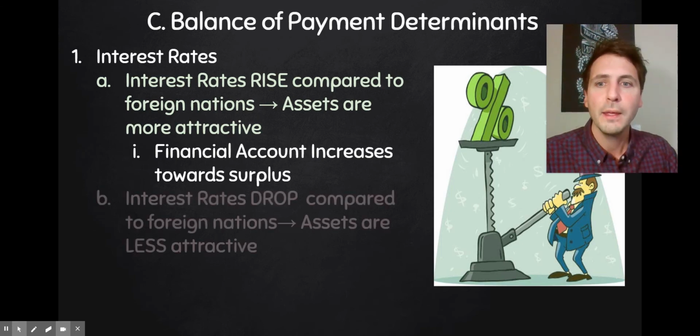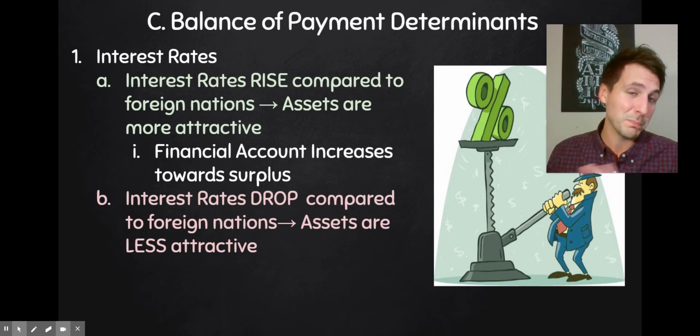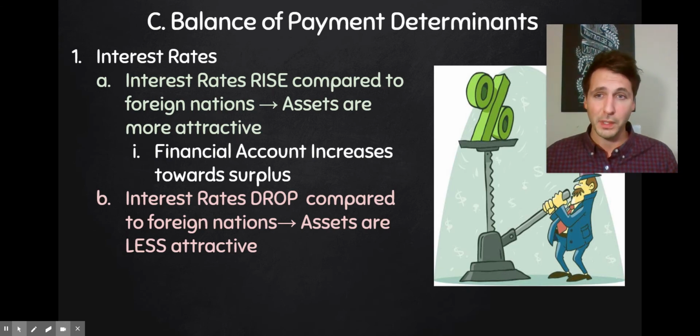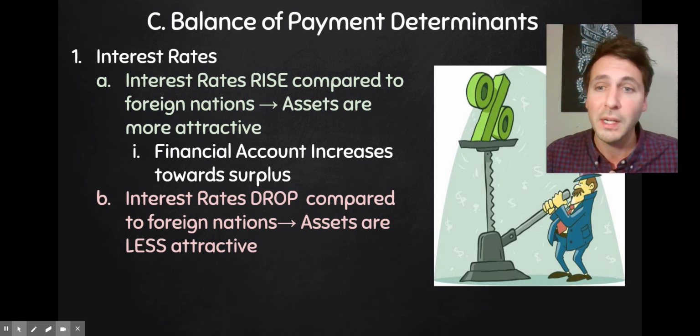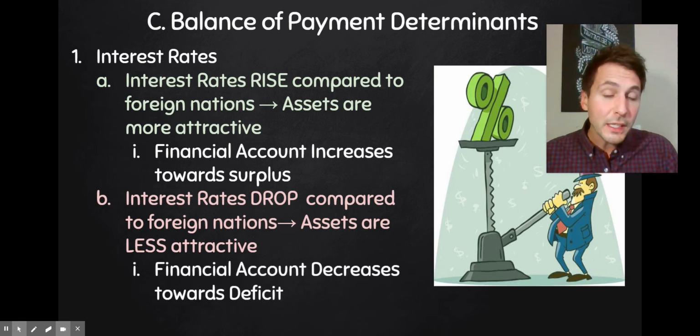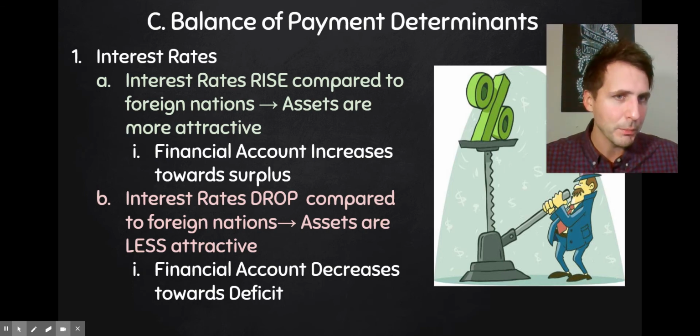Make sense? If interest rates drop compared to foreign nations, then assets are less attractive. The United States bonds are less attractive than they were before, which means that people are not going to demand our bonds anymore, and our financial account is going to decrease towards a deficit, right? They used to have money coming in, there used to be inflow, but there isn't anymore.